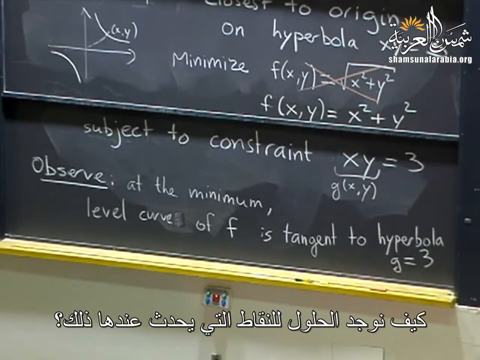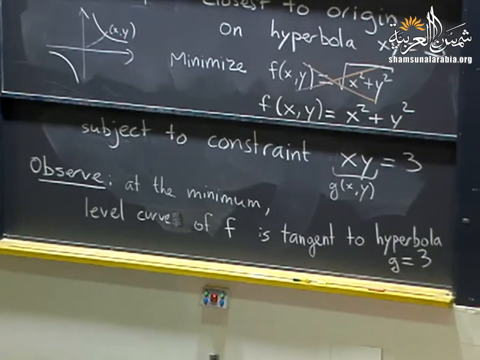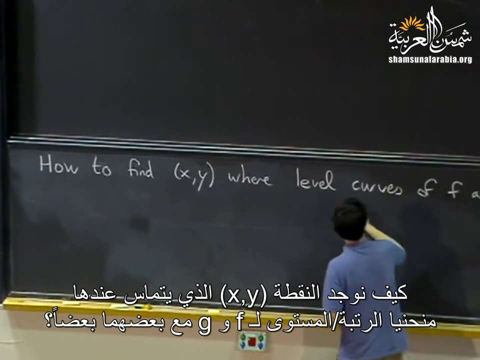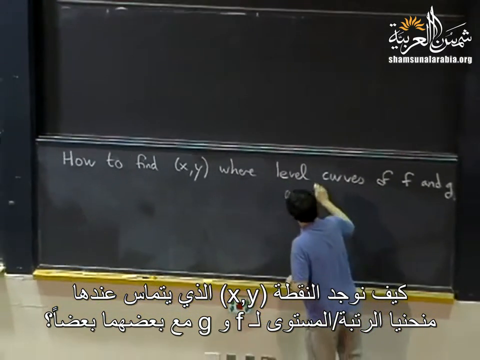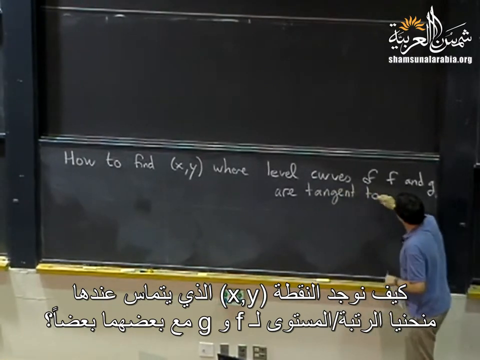So how do we look for, try to solve for points where this happens? So how do we find x, y where the level curves of f and g are tangent to each other?